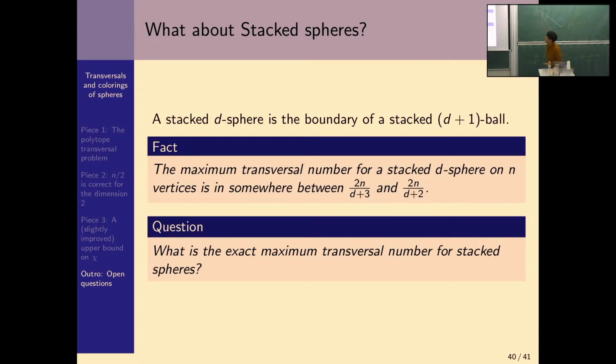What about the stacked spheres? There is something called the stacked sphere, which is the boundary of the stacked d+1 ball. The transversal number is somewhere in between this number and this number, and the question is, what is the exact maximum transversal number for stacked spheres?